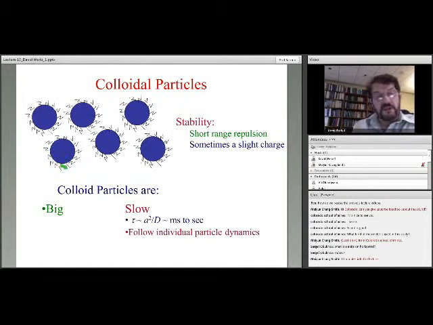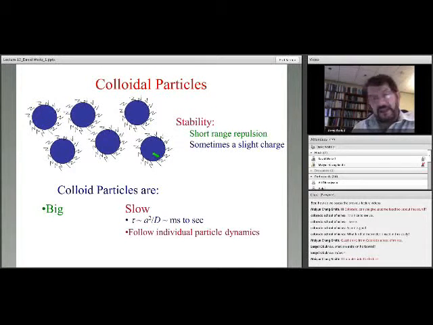By slow, you can calculate a characteristic time, for example, for them to diffuse their own size. And for colloidal particles, that time might be milliseconds to seconds. That means that you can follow the dynamics. The phase behavior of the colloidal particles is determined just by the way they pack, and I'll show you examples of that.